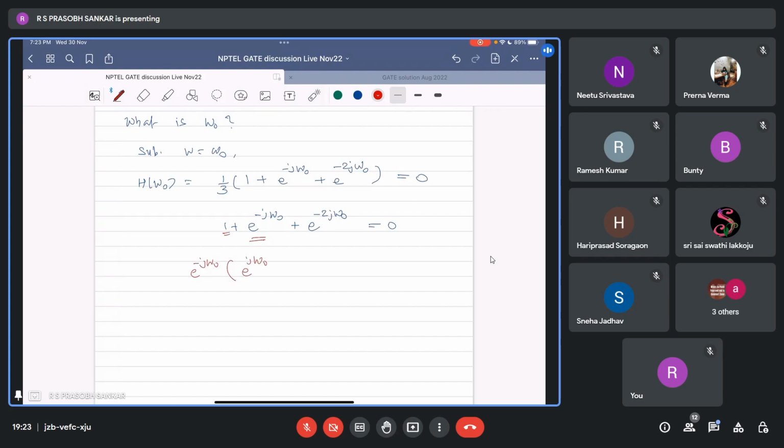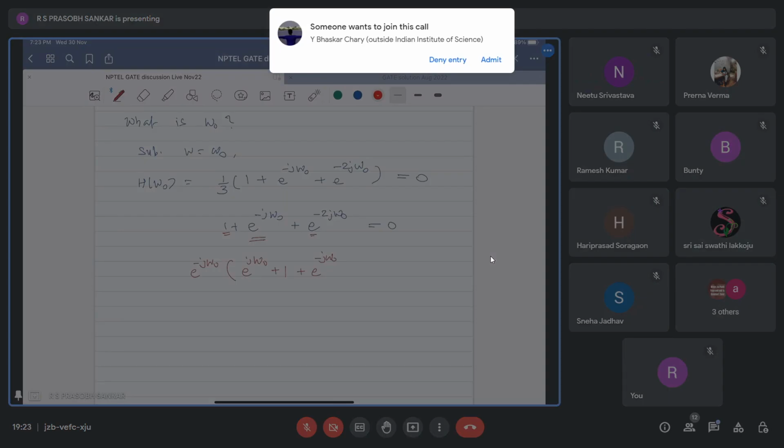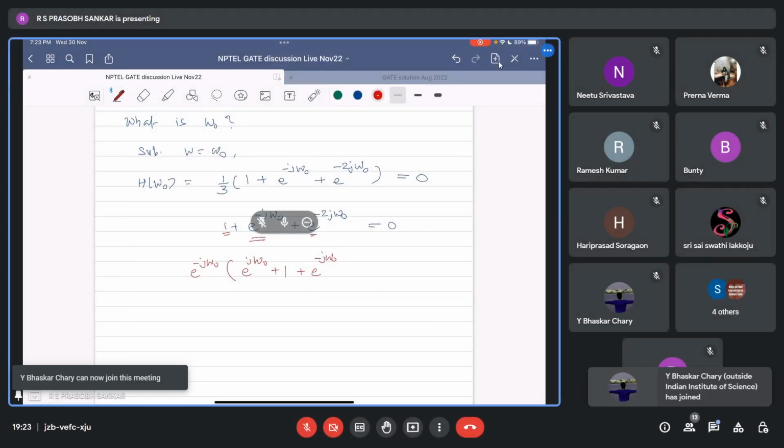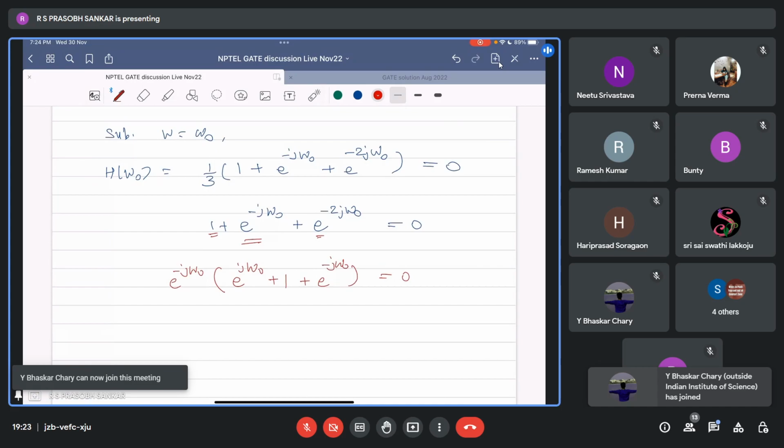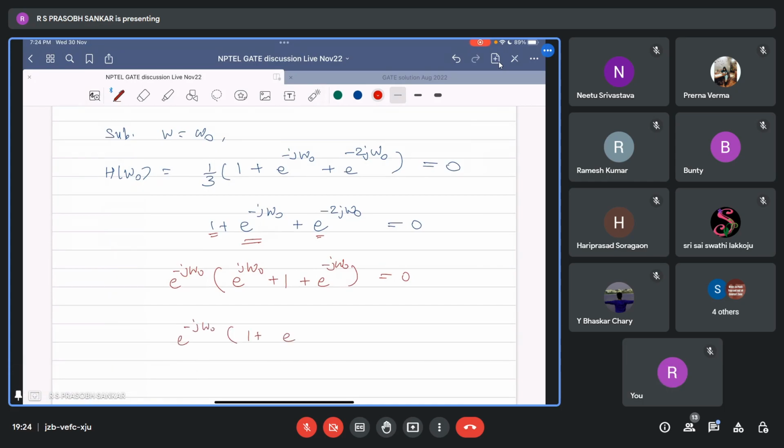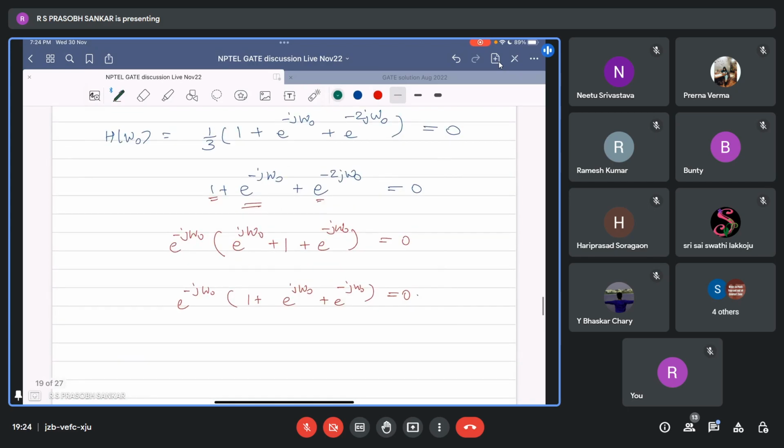The second term e raised to minus j omega naught will become 1 itself, and the last term will be e raised to minus j omega naught. So this is 0. In other words, e raised to minus j omega naught times 1 plus e raised to j omega naught plus e raised to minus j omega naught is 0. Now we have a product of two terms.